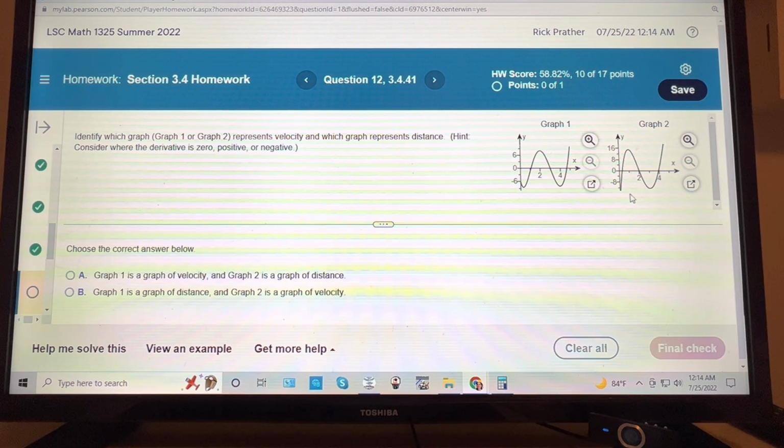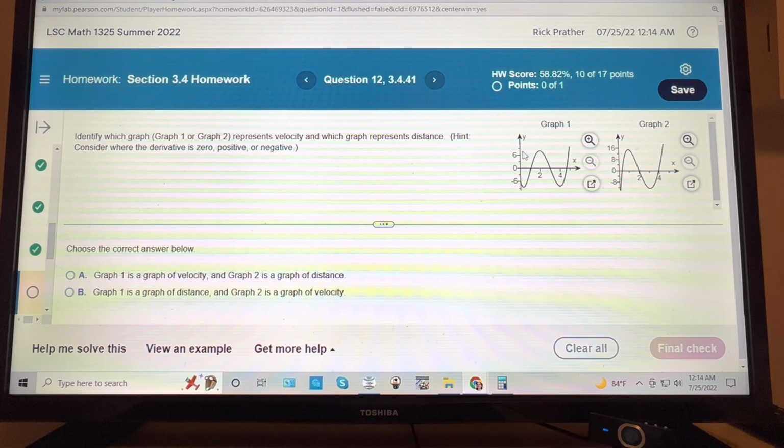So does that happen here too? No, because at the beginning, from that whole portion, you're increasing on this graph. So that should be all above the x-axis here, and it's not. So this graph 2 cannot be the original function, because then this derivative function wouldn't work.